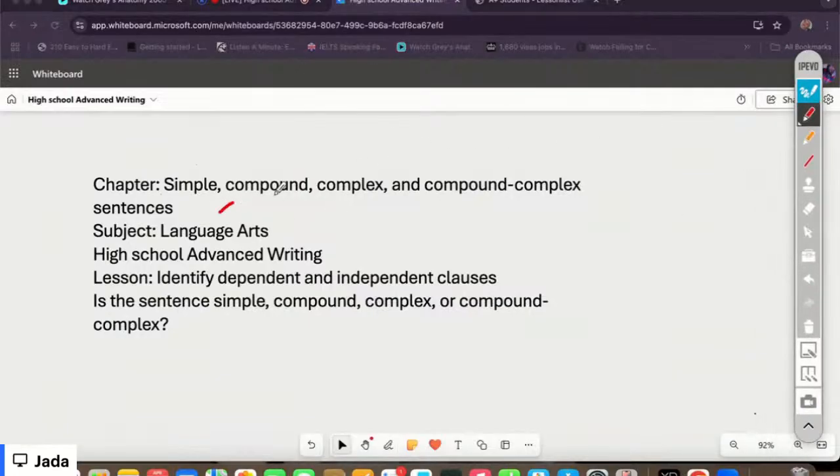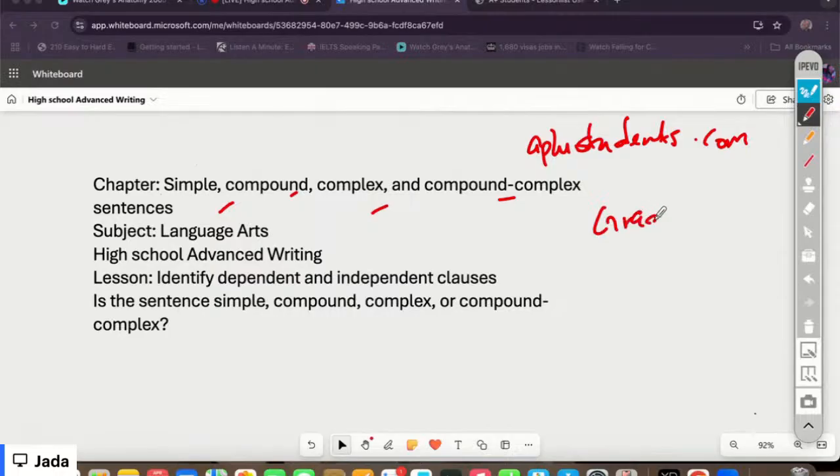Today we will cover simple, compound, complex, and compound-complex sentences. First, you have to log in using aplusclick.com. Click on your name, move on to Language at grade 9.